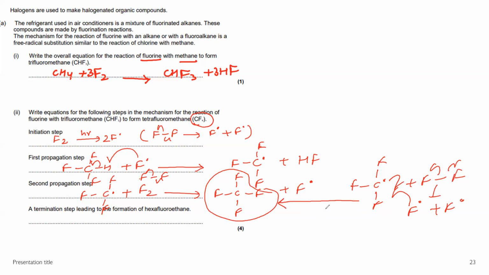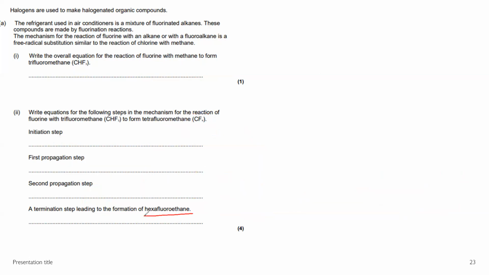Now, next they are saying a termination step leading to formation of hexafluoroethane. So first of all, you should know the structure of hexafluoroethane. What is the structure? Hexa means 6 fluorine and ethane means 2 carbons. So 2 carbons and 6 fluorines, like this. Okay, so we have to make this compound. Just remember, we have to show the termination step.